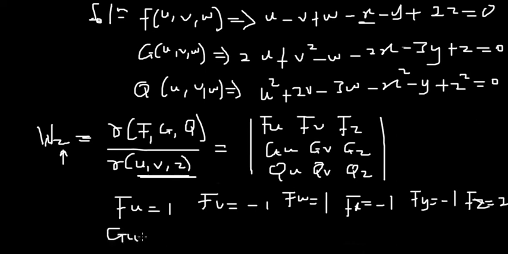So g of u, 2. g of v will give us 2v, okay? From here, 2v.